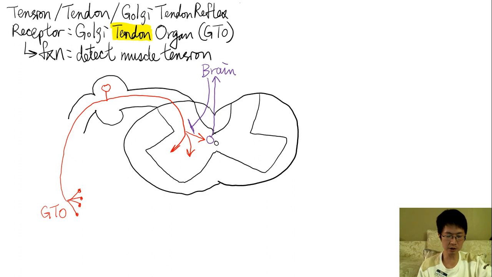You have one inhibitory interneuron and you have one excitatory interneuron. Okay, and then guess what happened? Of course, you have this. This is the extensor muscle.